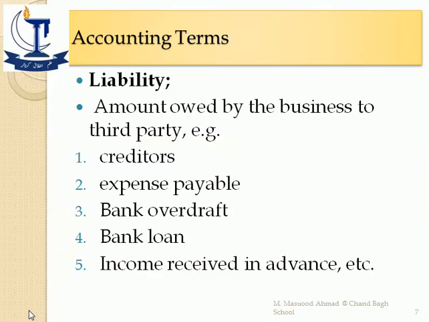Then expenses payable. For example, you use electricity and have not paid yet to the electricity company. It would be your liability as well, because your resources will drain in the future for a past commitment, and that's all about your liabilities.